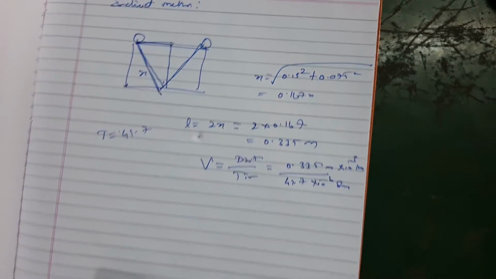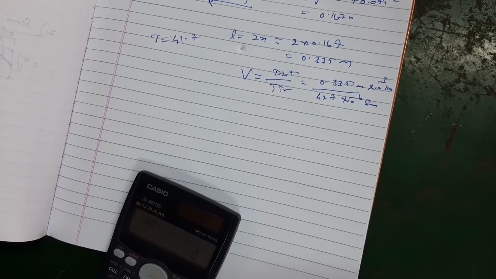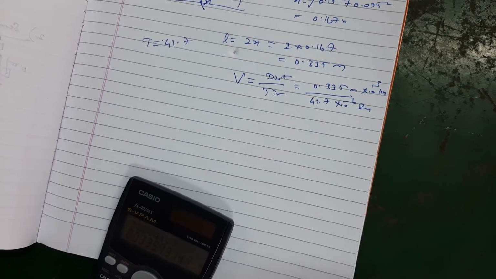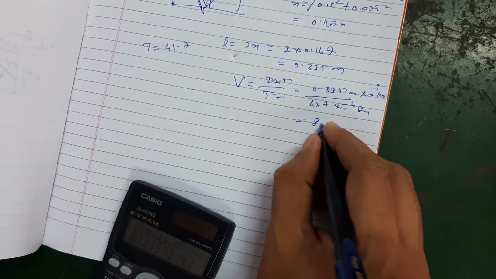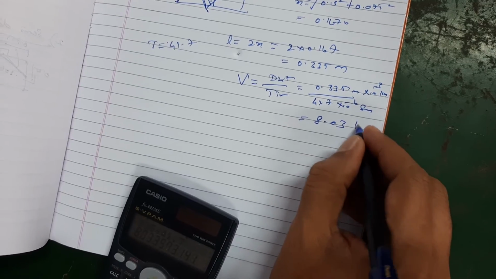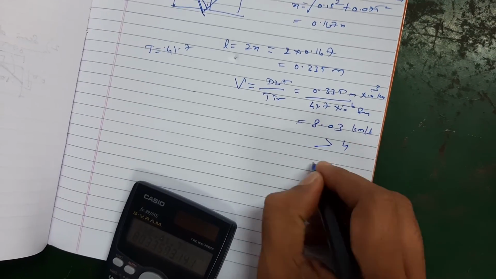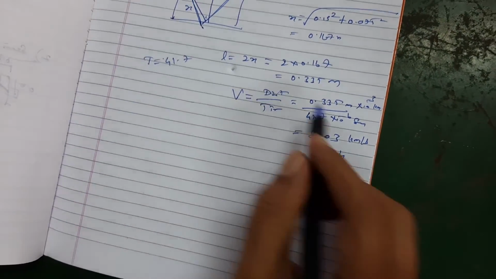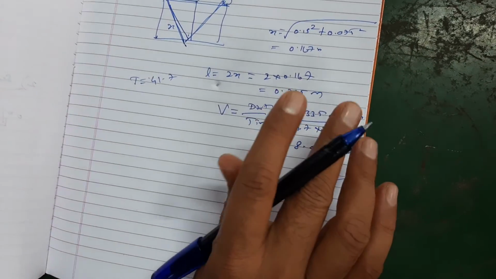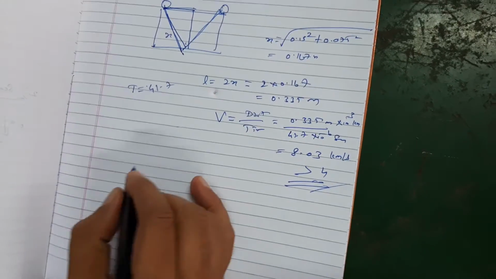If you calculate 335 by 41.7, you get a value of 8 point something kilometer per second. It is also greater than 4, so the quality is good.